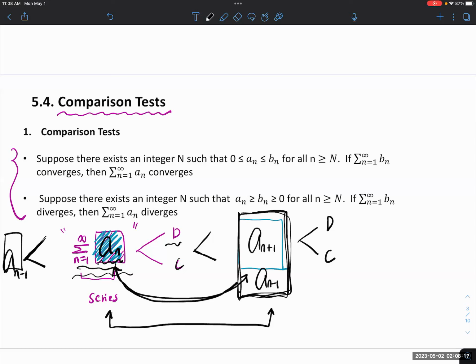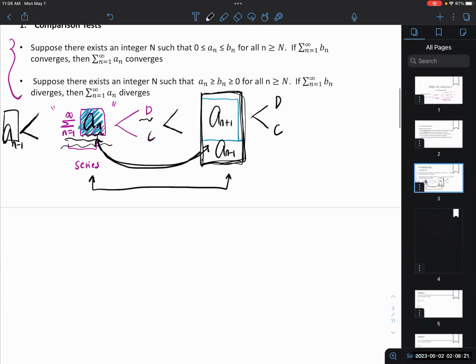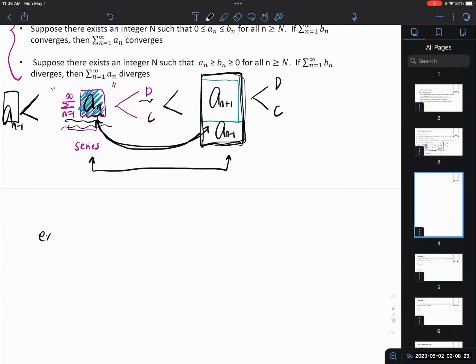Let me give you an example. I want to prove that, let's say, I have n to the second power plus 1 in the denominator. Your job is to find out whether this series is divergent or convergent. All you need to do is look at this.